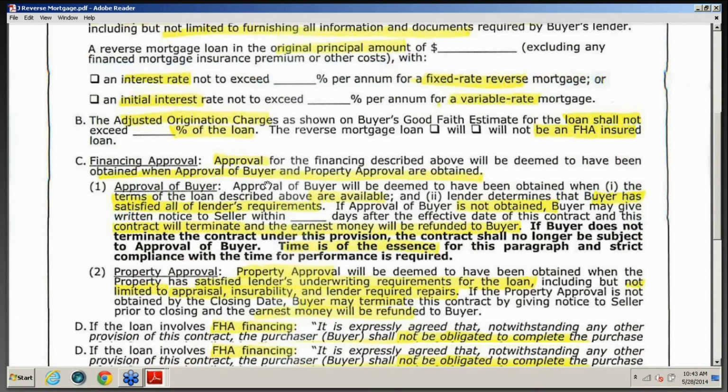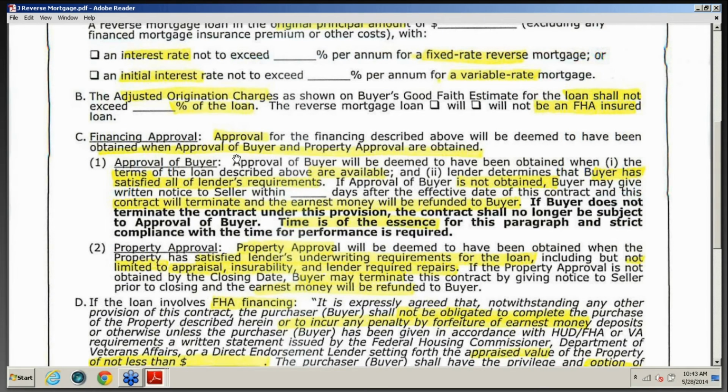Again, approval is approved when the buyer and the property have obtained approval. The approval for the buyer is going to be within so many days, just like the third-party financing. If for any reason they cannot get the financing, then they can terminate the contract and get their earnest money back.